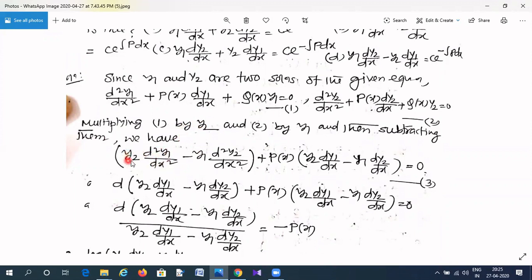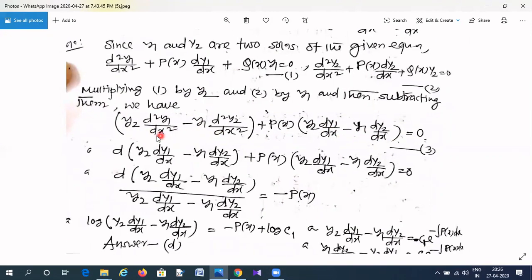So I'm multiplying 1 by y2 and 2 by y1, and then subtracting them. This will become y2 into d2y1/dx2 minus y1 into d2y2/dx2 plus p(x) into y2 dy1/dx minus y1 dy2/dx equal to 0.